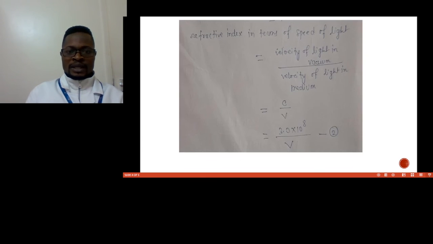So now the refractive index is also given in terms of the speed of light, and we know that it is the velocity of light in vacuum divided by the velocity of light in medium. And we were given the velocity of light in vacuum.